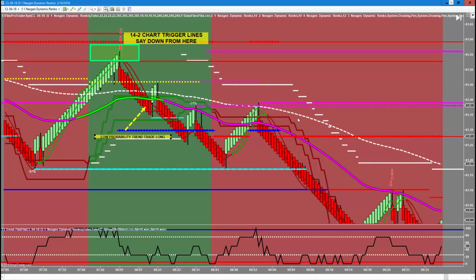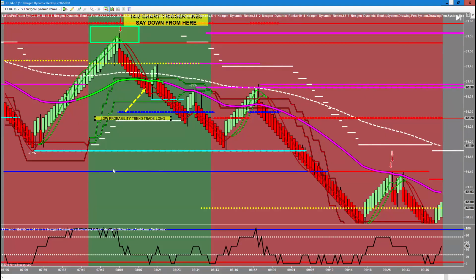Now, I'm just going to throw this out there because you guys remember it from the day, don't you? If the trigger lines cross down and there's no divergence at the bottom and you get trend trade short rules, can you make some money? I think the answer is yes, huh?